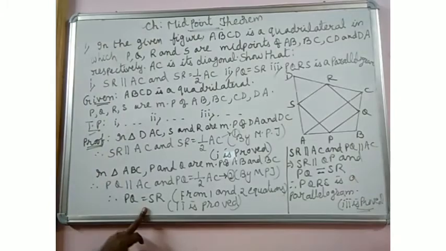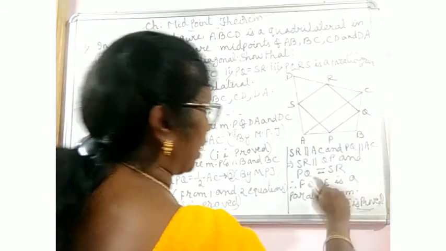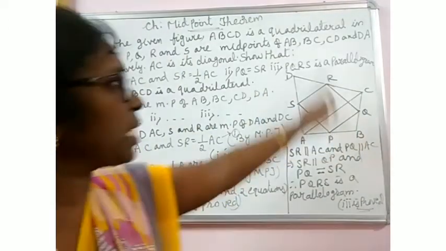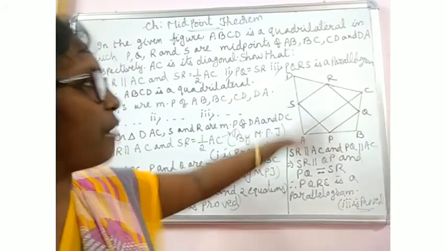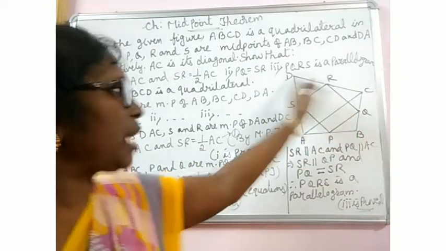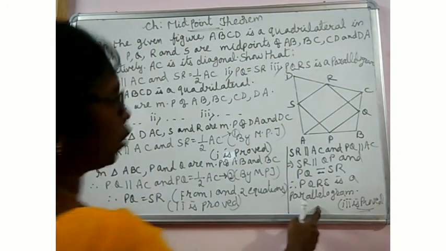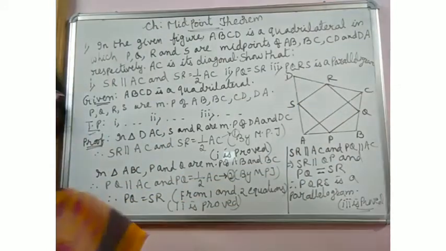Second bit we have already proved. That means in this quadrilateral, one pair of opposite sides are parallel and equal. That's why this quadrilateral PQRS is a parallelogram. And with this, we are able to prove the third bit. I hope this is clear to you. Thank you.